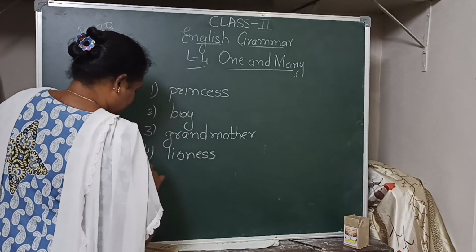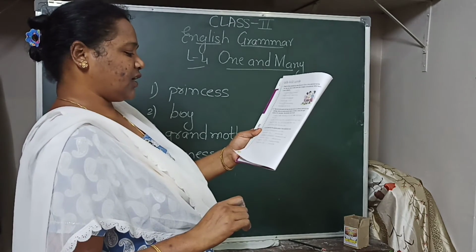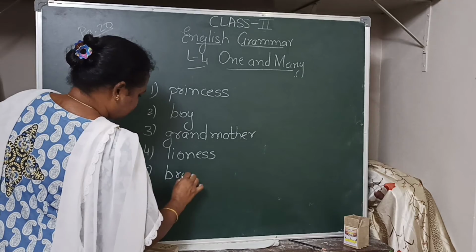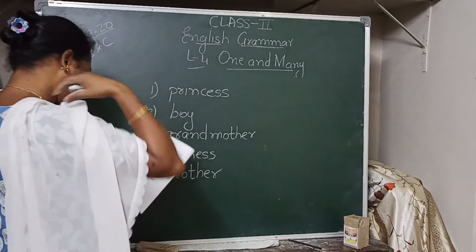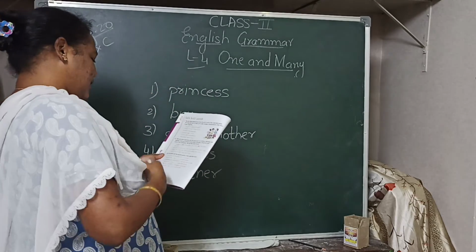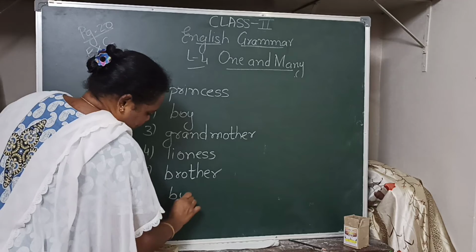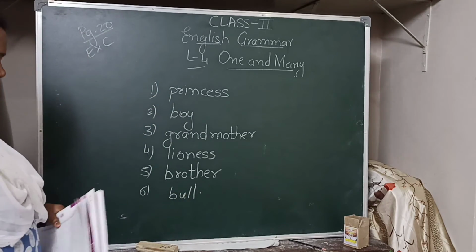Fifth one. My sister and dash are getting a prize today. The opposite of sister is brother. Sixth one. The cow and the dash are in the fields. So the opposite gender of cow is bull. Right? Note it down.